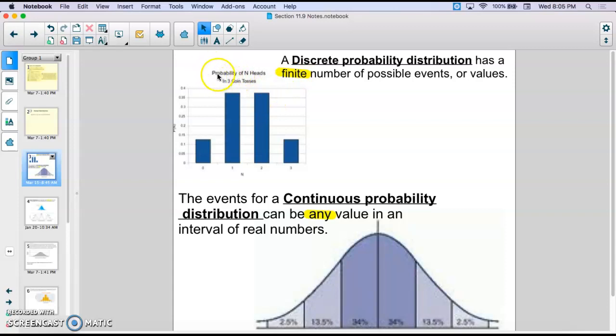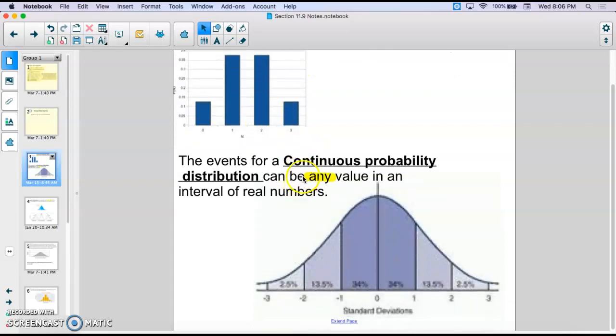The title of this graph is the probability of the number of heads in 3 coin tosses. The number of possible events is pretty limited with a coin toss, and you're only doing 3 of them. So you could have heads 0 times, 1 time, 2 times, or all 3 times.